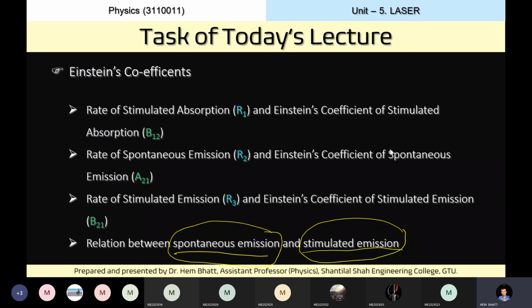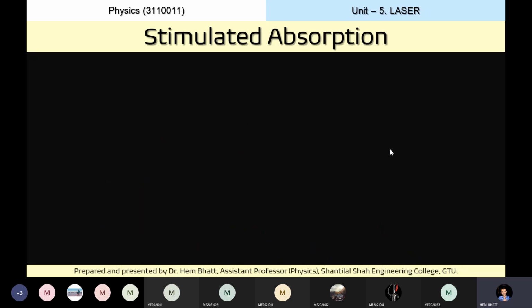Okay, so very first is stimulated absorption. Who will tell me what stimulated absorption means? What happens in it? I don't want the definition.